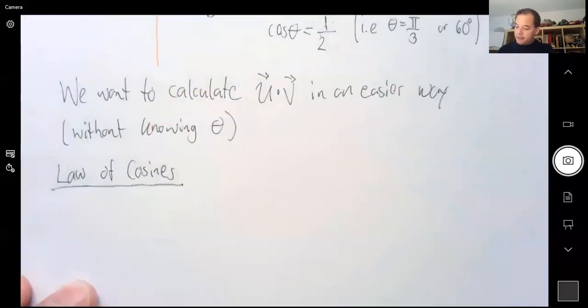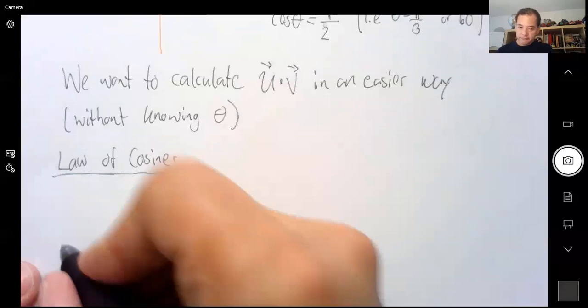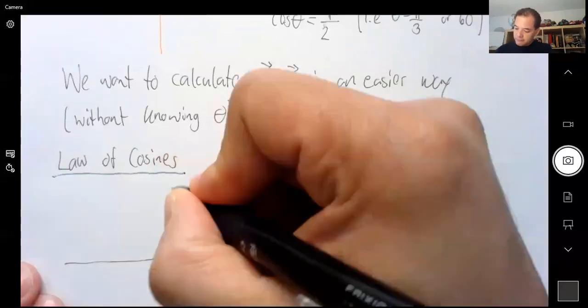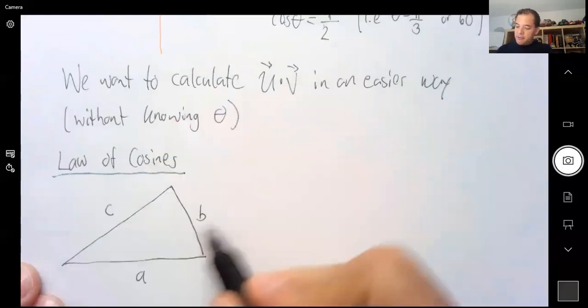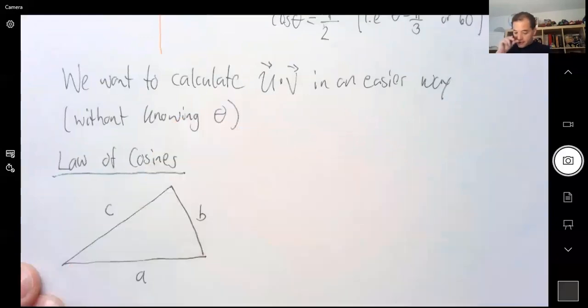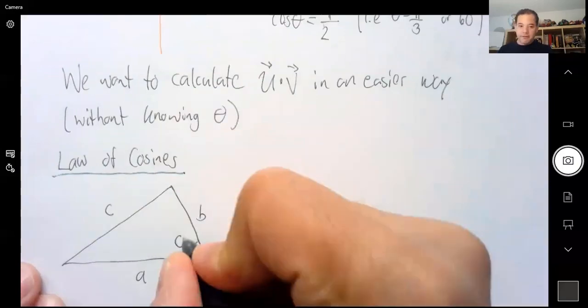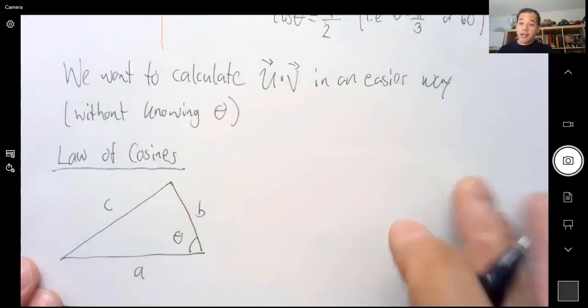If you have a triangle, and these sides have lengths A, B, and C, and this angle over here is theta, this works with any triangle.